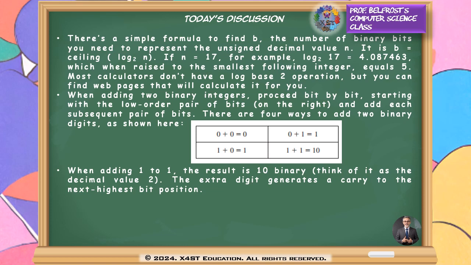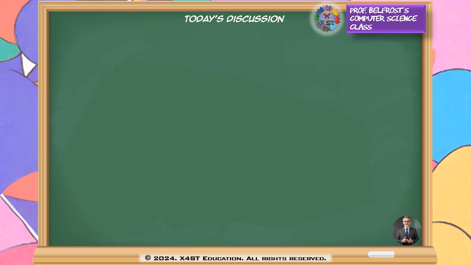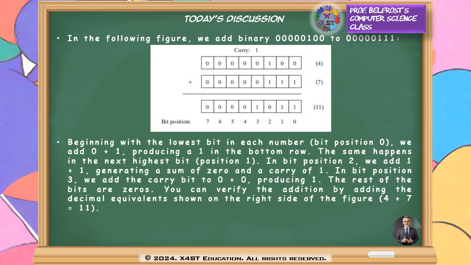So the extra digit generates a carry. The 1 in this case is called a carry to the next higher bit position. And the next position is first 0, but because it also has a carry with it, it will be 1.